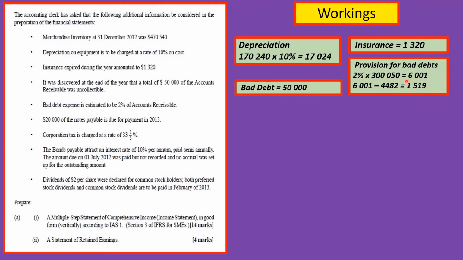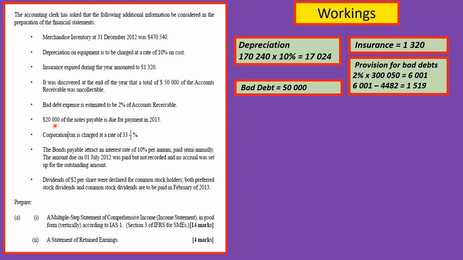We want to bring our bad debts provision up to this amount. So we already have 4,482 in the trial balance, and we need to put in only 1,519. So our increase in provision for bad debts would be 1,519.